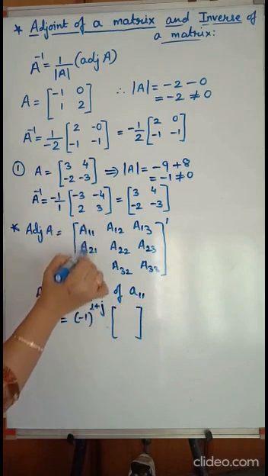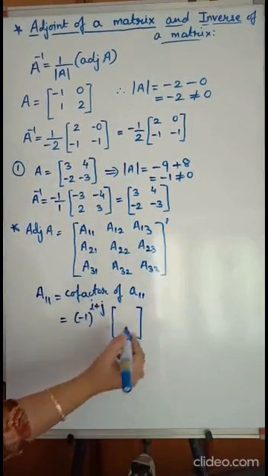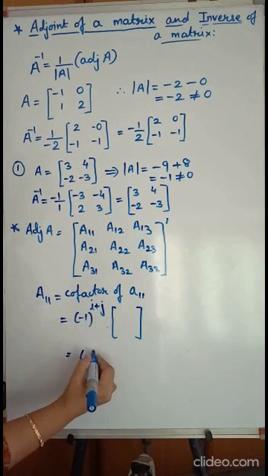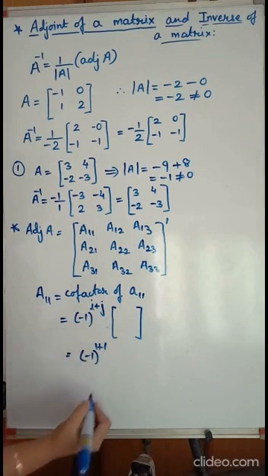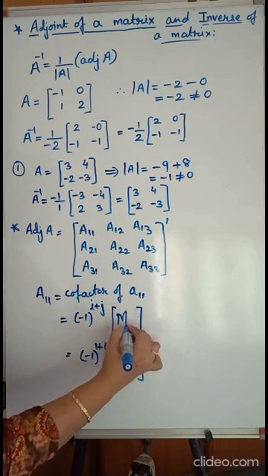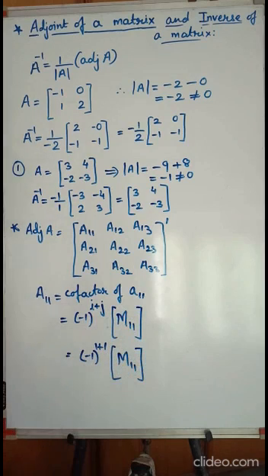What do you mean by minor? Cancel this row and column in the main matrix and you get what remains there. So here you get minus 1 to the power 1 plus 1 and the minor M11. We have already done what the minors are, right?